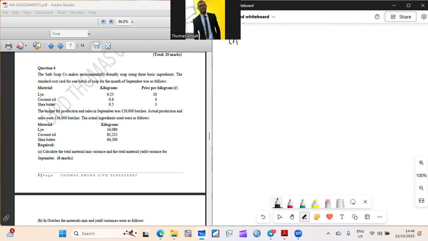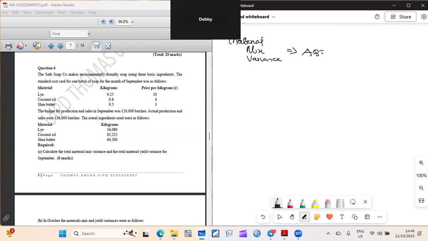The formula is (AQSM minus AQAM) times S.